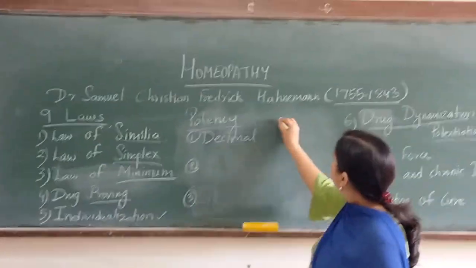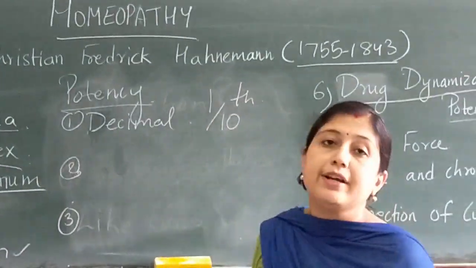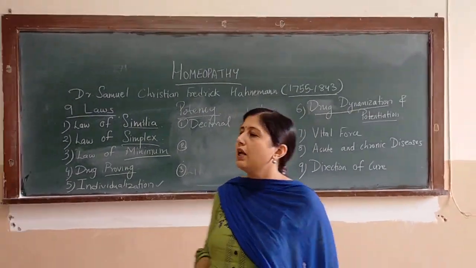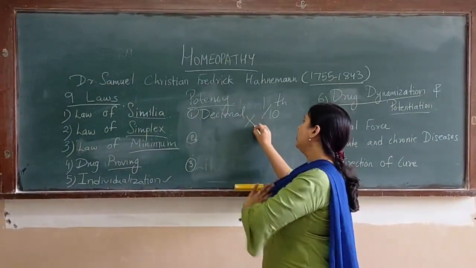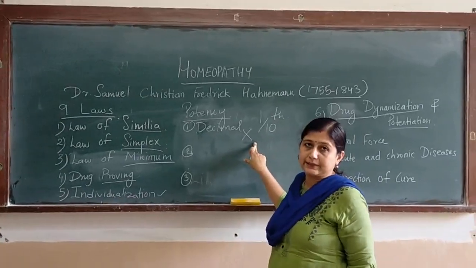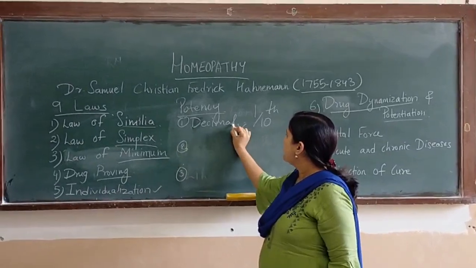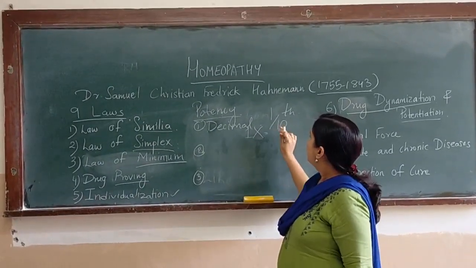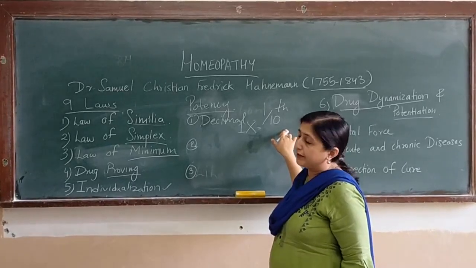Here the drug is diluted to 1/10 its concentration. It is denoted by the letter X. If I write 1X, it means that it is 1/10 the concentration of the original drug.